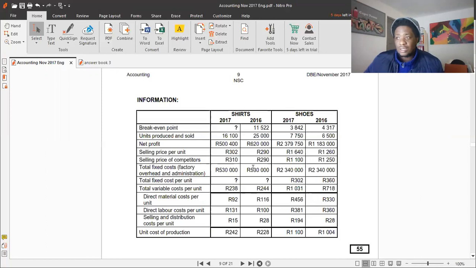But in this situation, we have a total fixed cost that has remained the same in both 2016 and 2017, but the units being produced decreased from 25,000 to 16,100. So the fixed cost per unit has actually increased a lot, because now the same 550,000 is being divided into 16,100 units, whereas it was previously divided between 25,000 units.